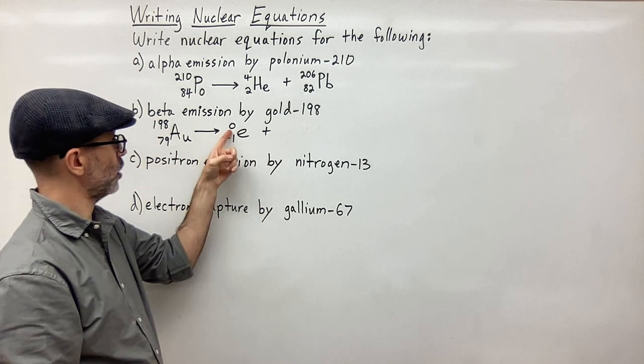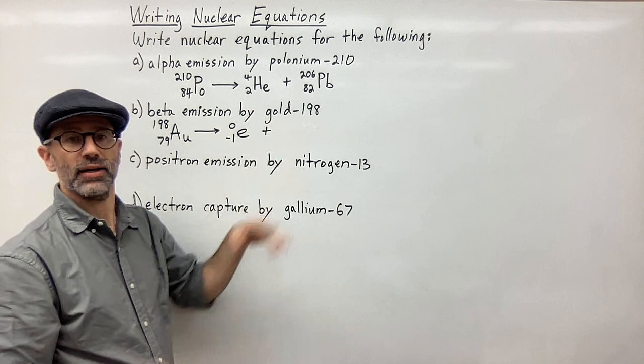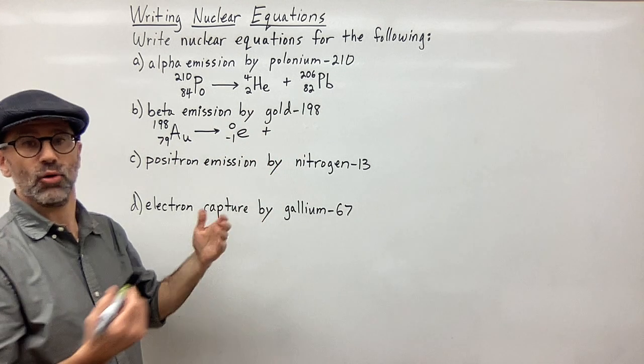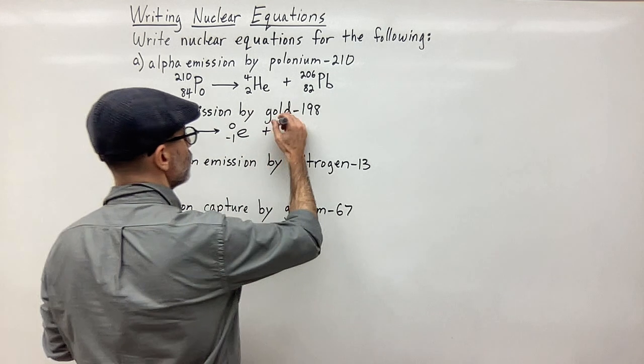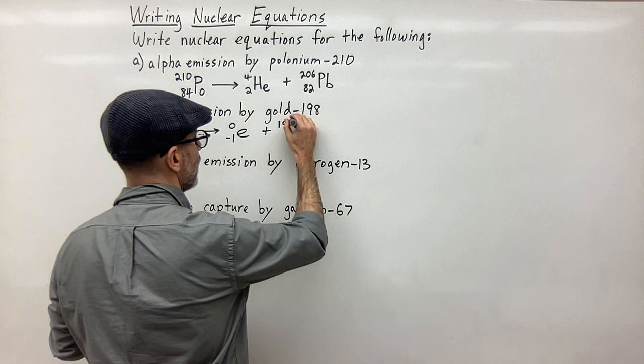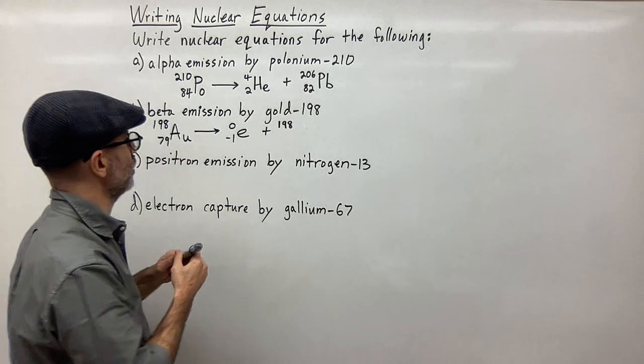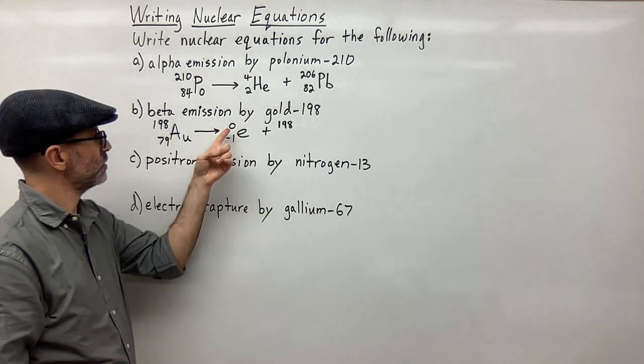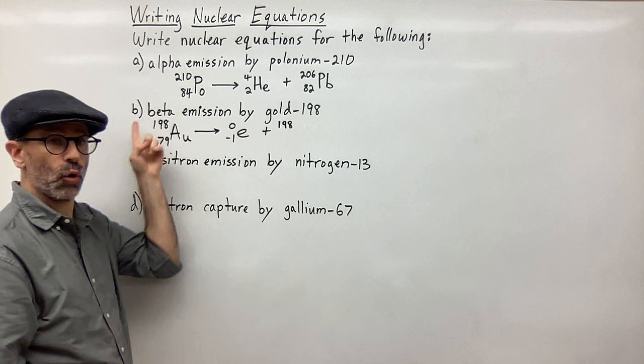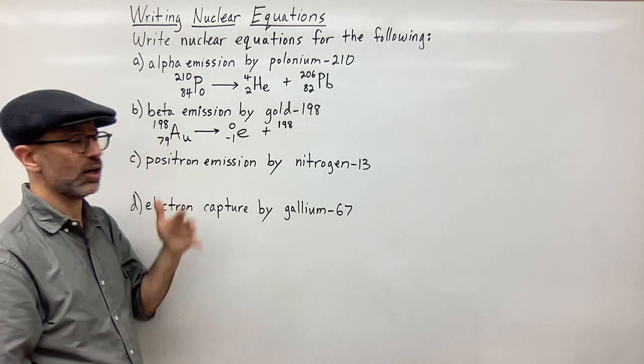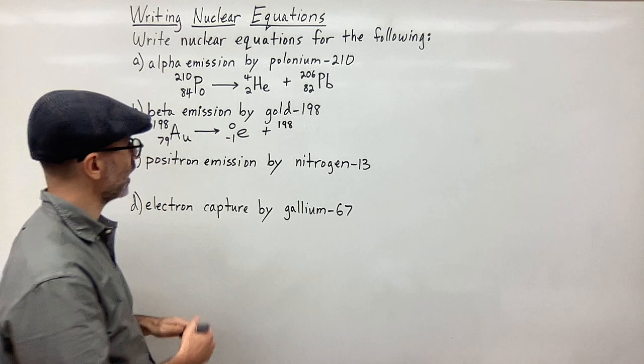Here we have 0. 0 plus what gives me 198? 198. Again, you could do this by subtracting the top number from the total on this side: 198 minus 0 is 198.